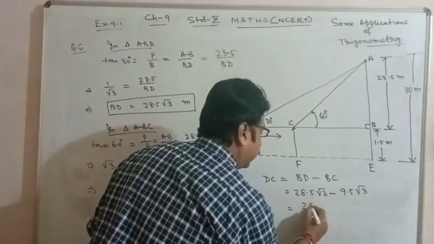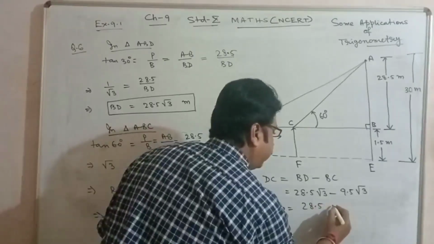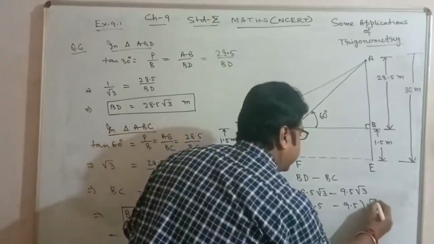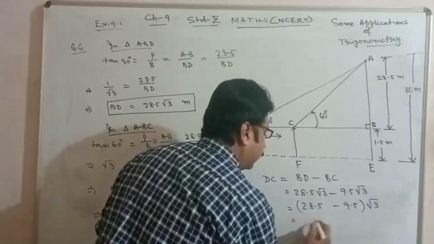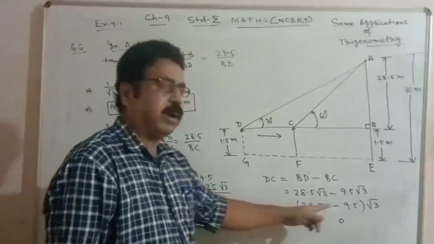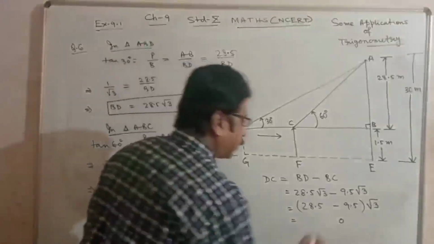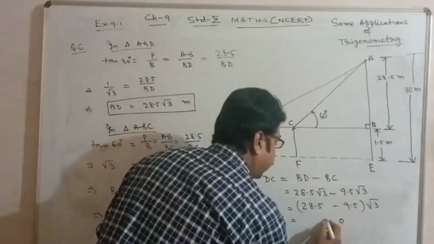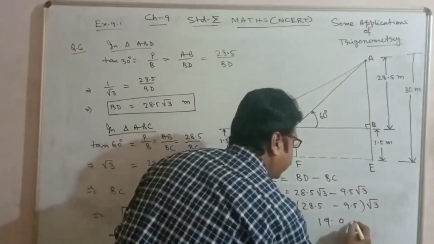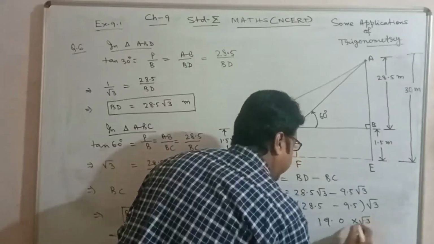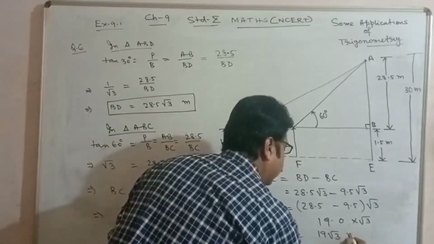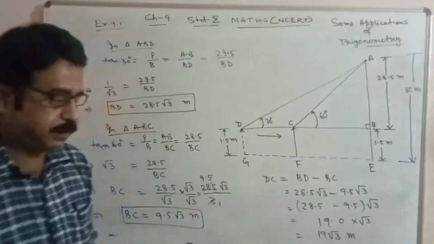Root 3 common, 28.5 minus 9.5, root 3 take outside. 28 minus 9 is 19, so it will be 19.0 into root 3, means 19 root 3 meter.